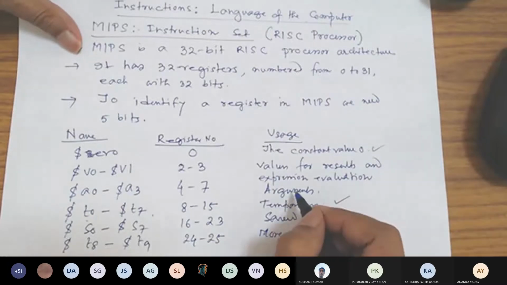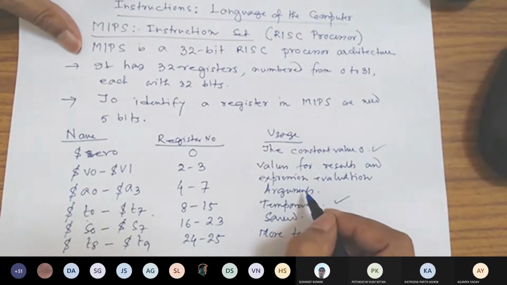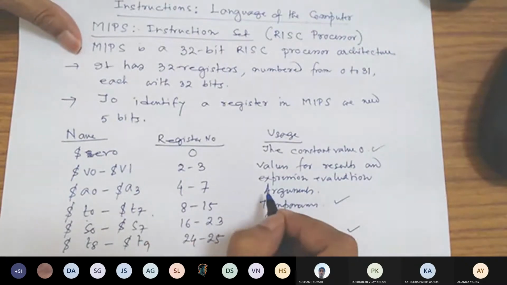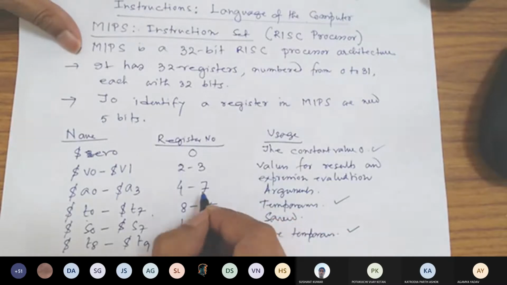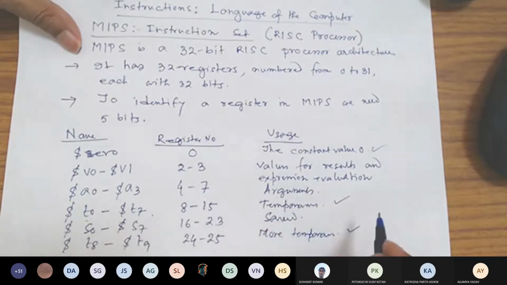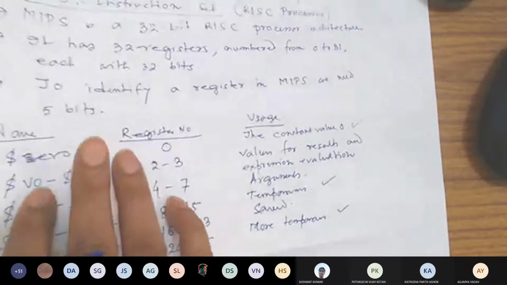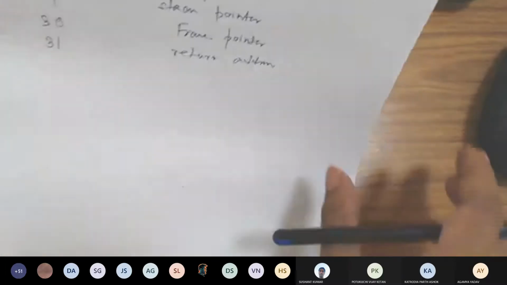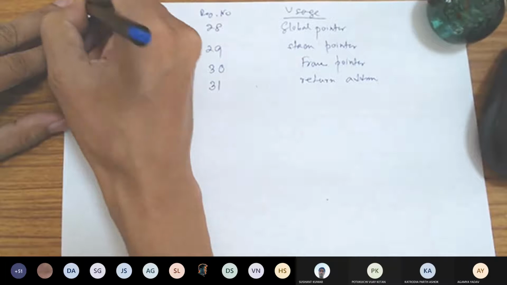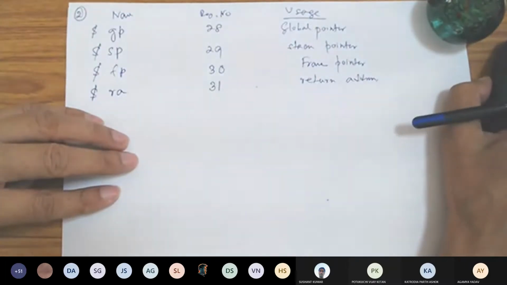Arguments will be used automatically for function arguments. Whenever you call a subroutine, the arguments will be passed through these registers. These are special purpose registers. Gradually, as you start writing complex code, you will understand why these registers are needed.